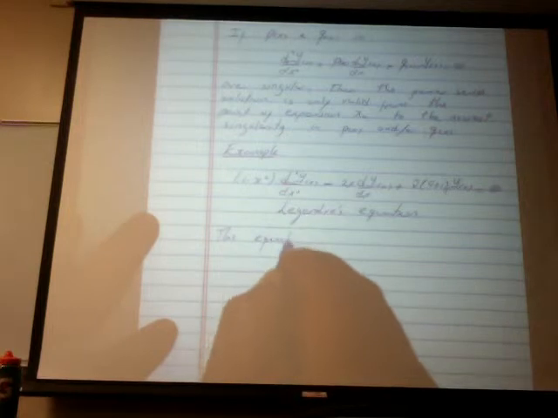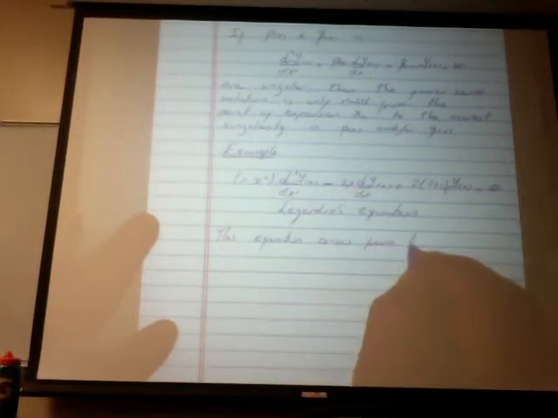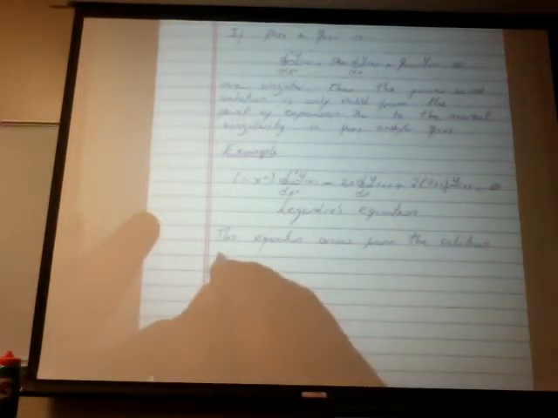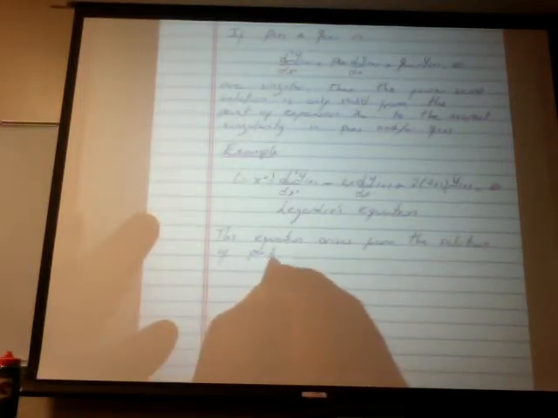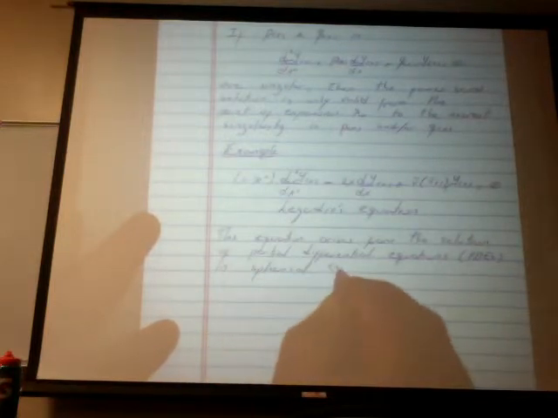So again, this equation arises from the solution of partial differential equations, PDEs, in spherical coordinates.